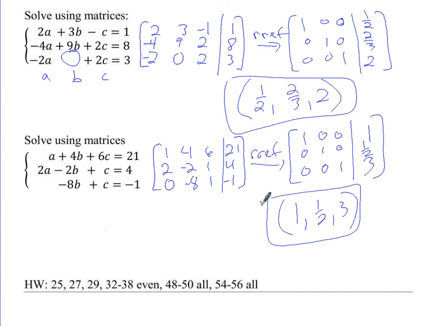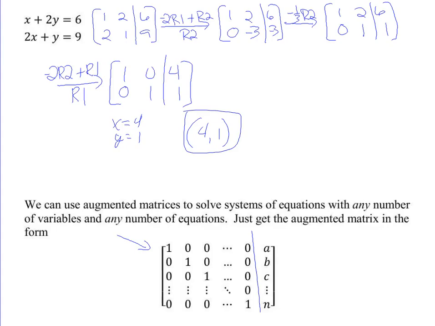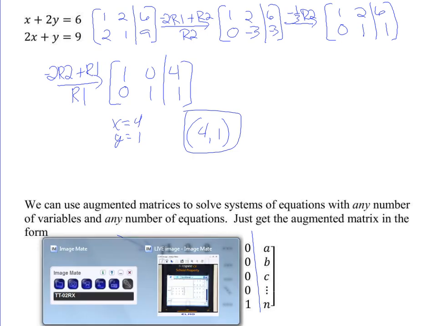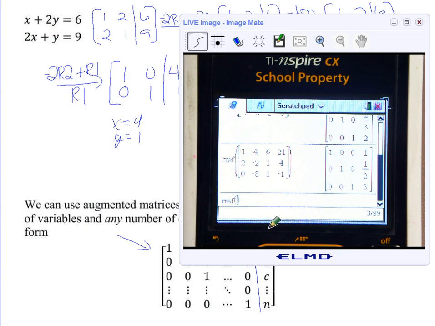So I want to show you guys one more thing before I let you loose on this section. I'm going to go back to that last matrix that we just solved and got 4, comma, 1. I want to do this to this one. So let me bring up my calculator. Here it is.